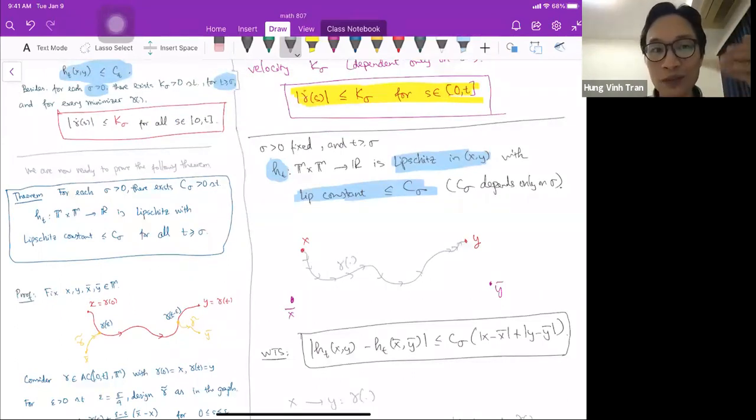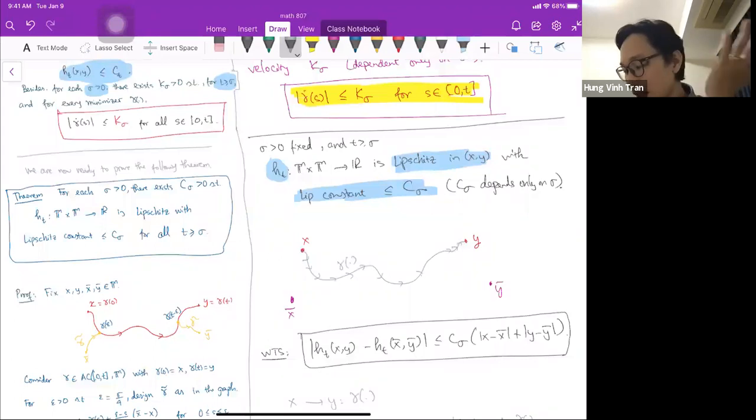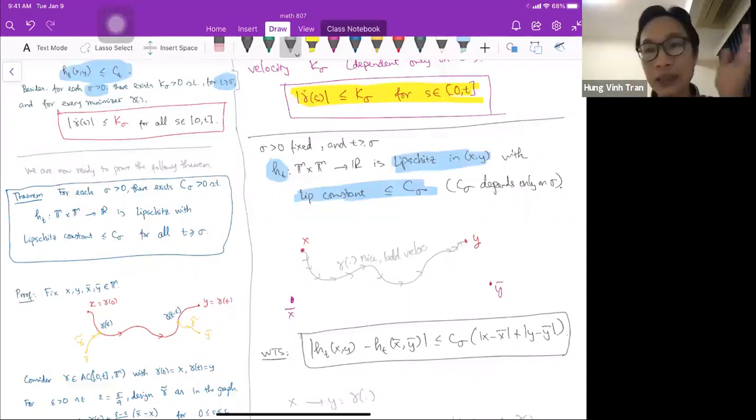That's one of the essential points, and it's by no means easy. It took us a lot of time to prove that there's a minimizer, and to connect the Lagrange and Hamiltonian framework to prove that the velocity is bounded. But now, because of that, I can take gamma nice with bounded velocity. Okay, so that is a big thing, right?